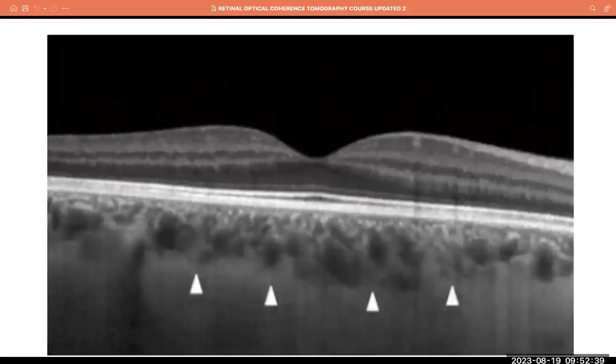Okay. The next line, the bright line below it, Dr. Bature? Yes. Now, this is called the ellipsoid line. Some call it a cost line. The importance of this line is in the retinal photoreceptor: the ellipsoid contains the mitochondria.